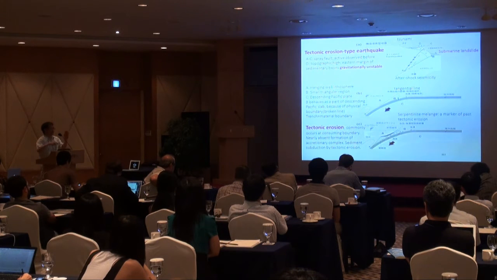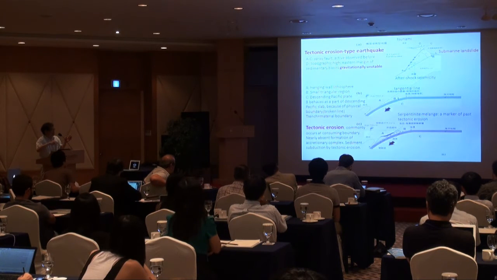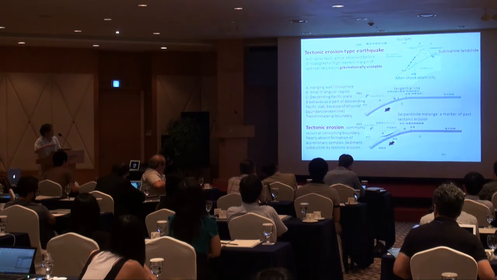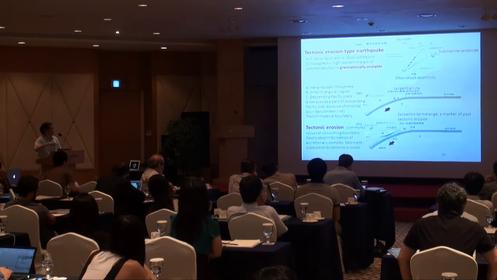In almost all subduction zones, marine geophysics discovered that the wedge is being destroyed, particularly in front. So tectonic erosion commonly occurs at consuming plate boundaries, and there is nearly no formation of accretionary complex; sediment is subducted by tectonic erosion.